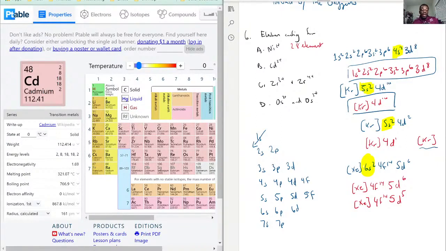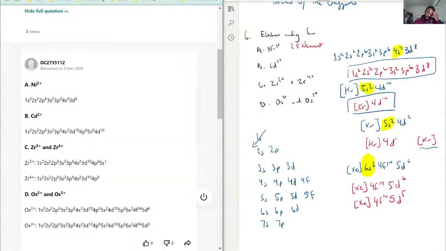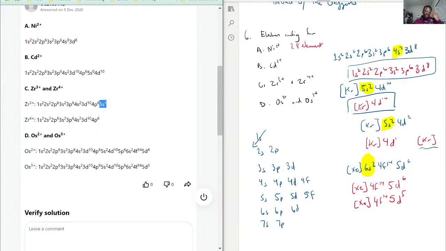In regards to why they kept their s instead of their d orbital, which is a 4d1, that one's a little bit of a mystery, and you can see these ones are the same thing as well, where they keep the s orbital and get rid of the d orbital.